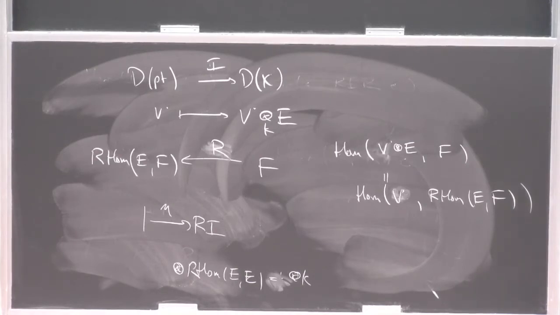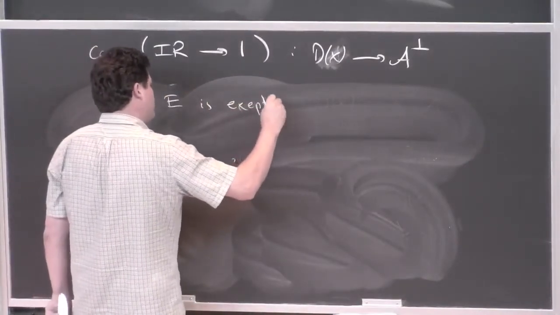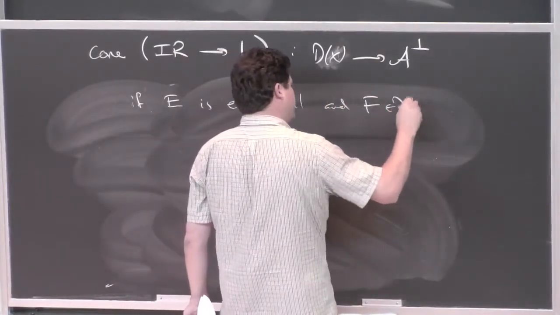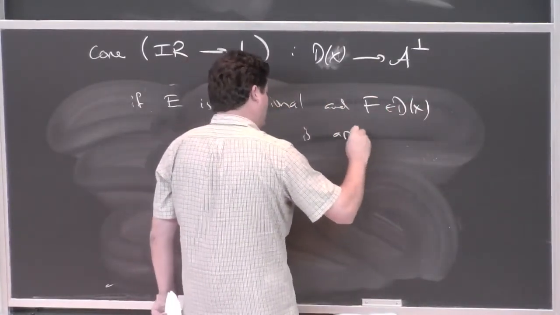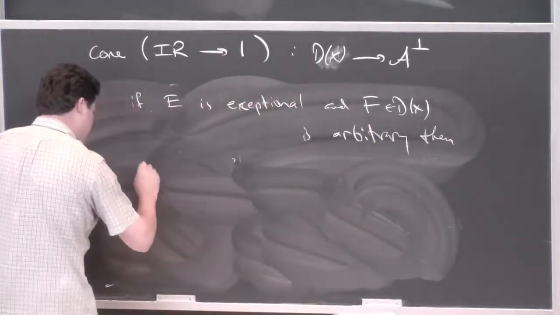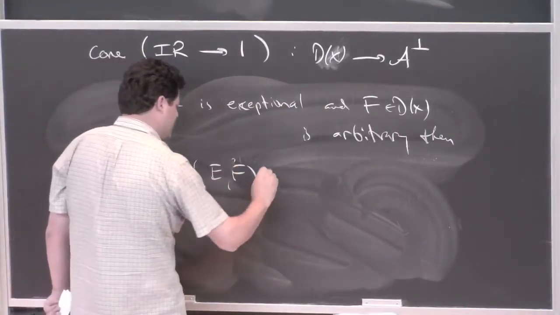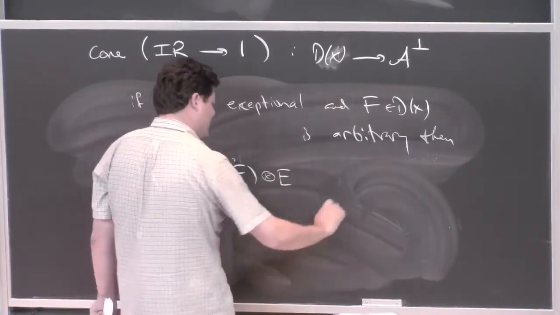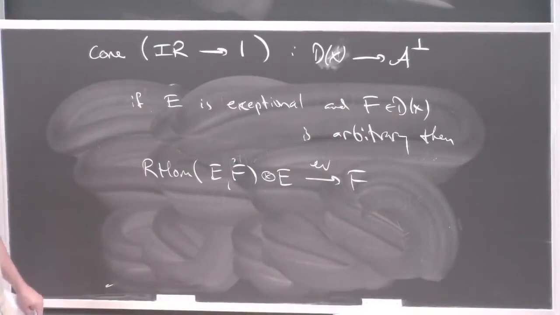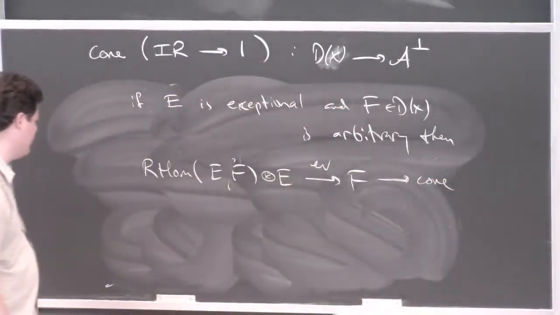is that if E is exceptional, and F in D of X is arbitrary, then we can take this map R hom(E,F) tensor E to F. We can take some evaluation map here, and we can take a cone. And we've done this before.